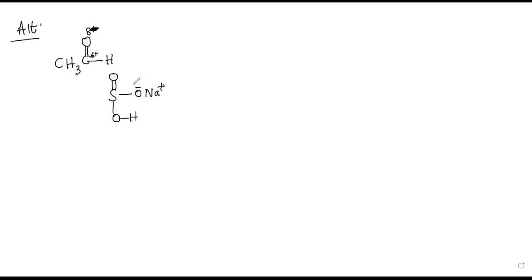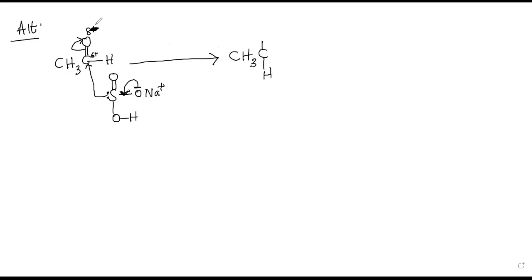So now, what happens is that this bond here comes over here, as the lone pairs of this come there, and as this bond breaks, forming CH3C, then H, I will have H here. This H, I will put it here.